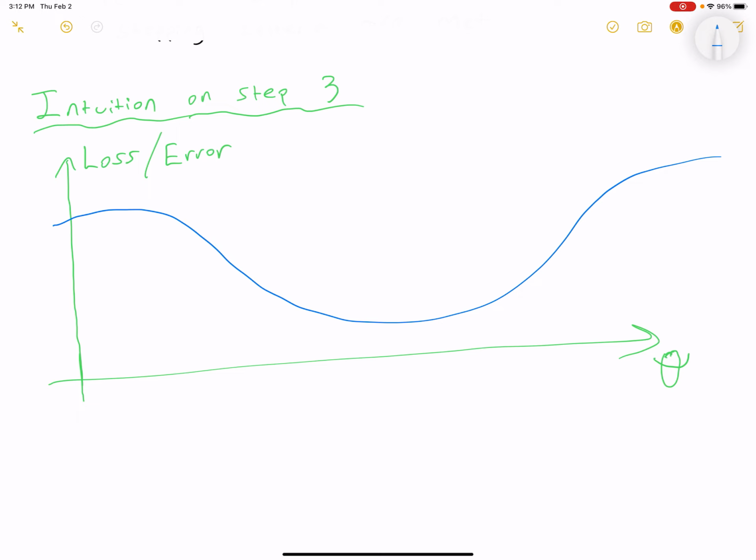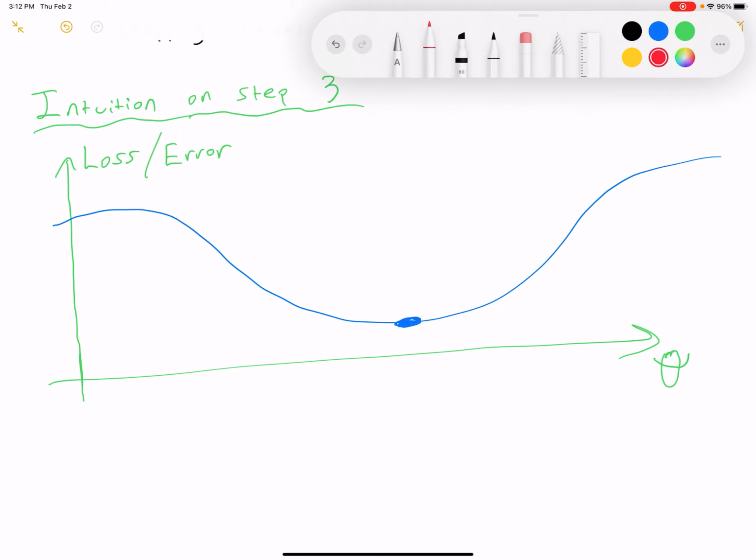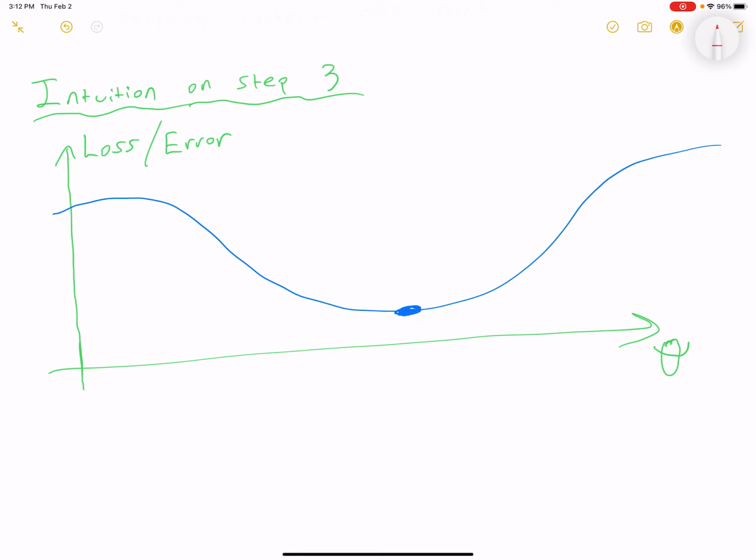If we knew that, then we could just go to where the loss is minimum and call it a day. But we don't know that. So we have to guess different values of our parameter that will get us towards here. This is where we want to go. So let me just label this to be super clear.